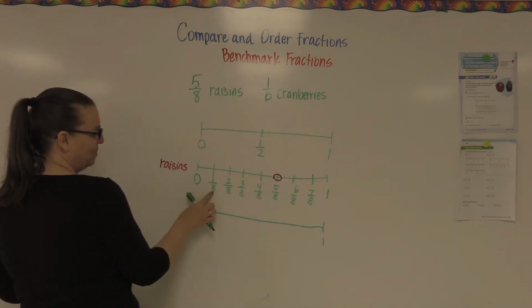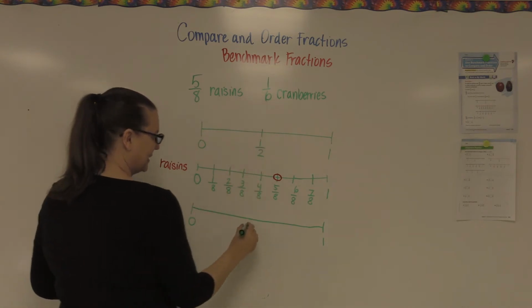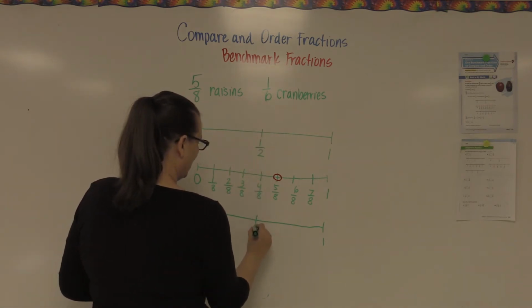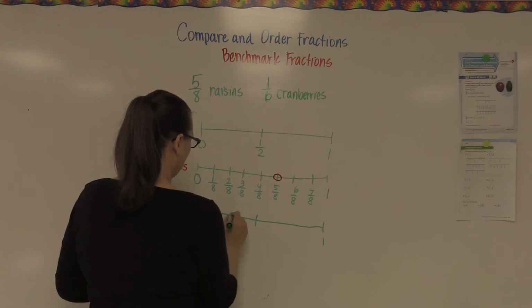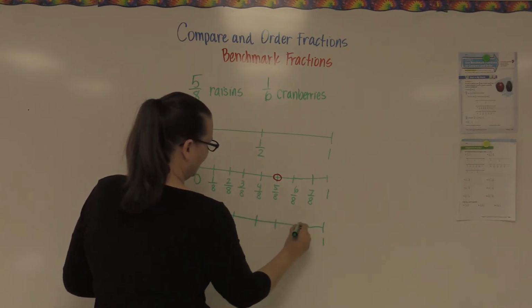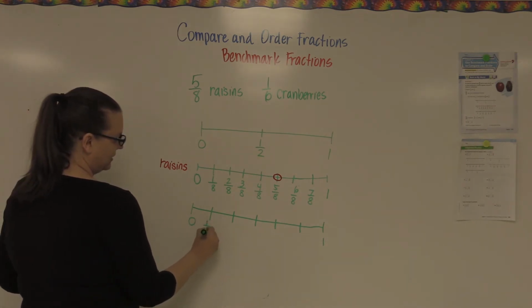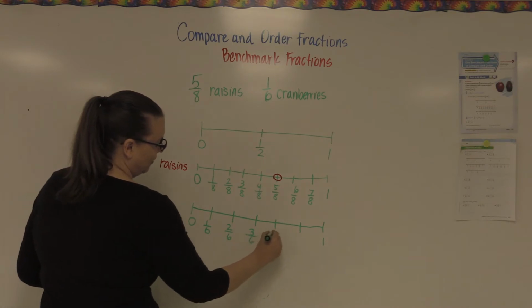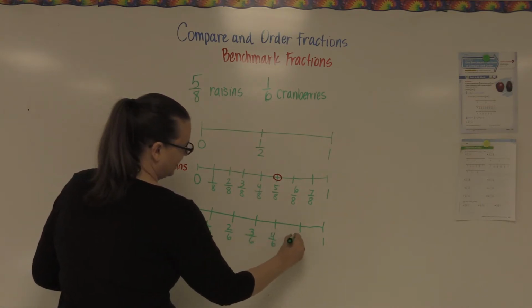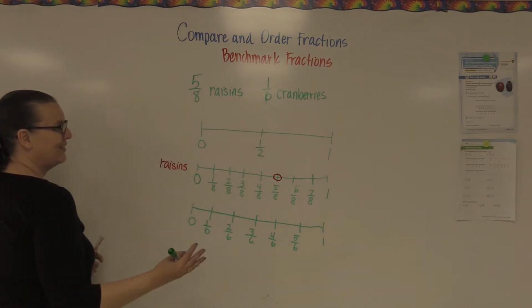This time, instead of splitting it up into 8s like this fraction, I'm going to split it up into 6ths. That means I'm going to have 6 parts on this line. 2, 3, 4, 5, 6. And if I label this, this is going to be 1/6, 2/6, 3/6, 4/6, 5/6, and 1/2, which means you have all 6 out of 6.